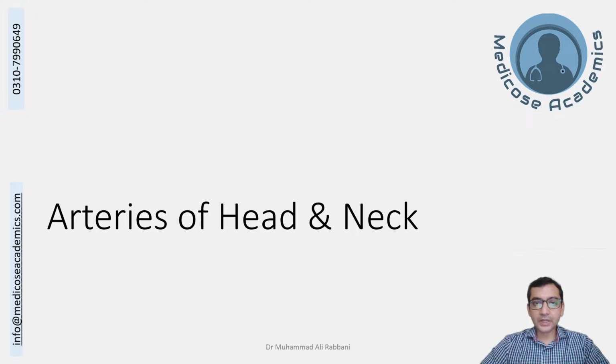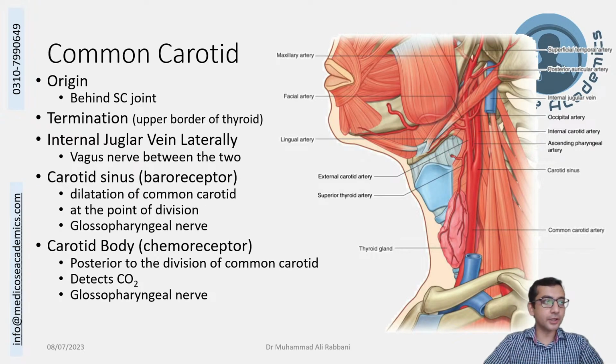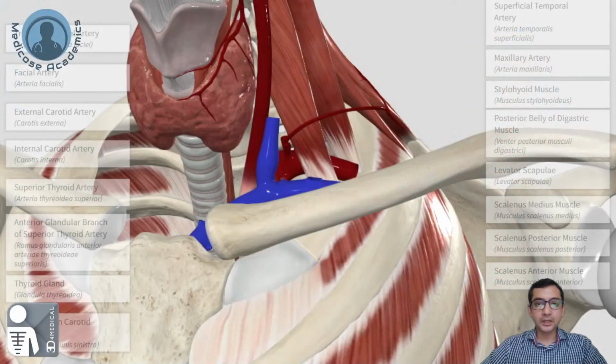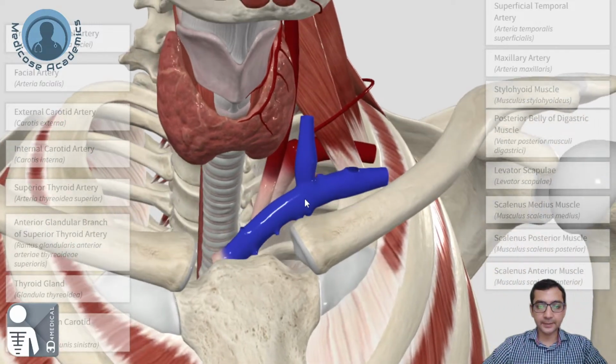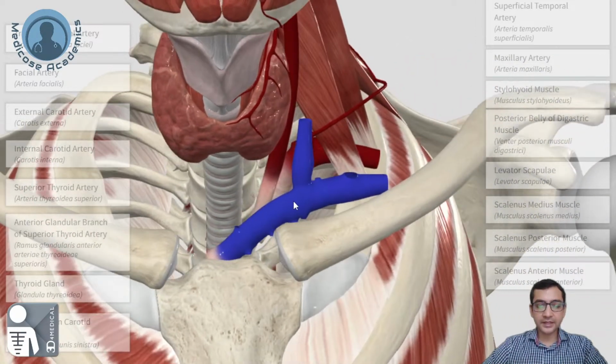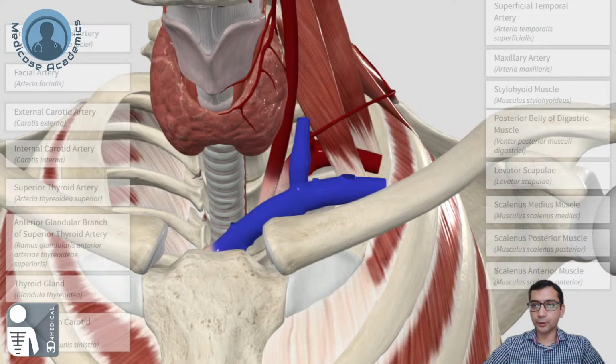Okay, let's discuss the common carotid artery. Let me move back to the 3D model, then I will summarize right here. If we look at the common carotid artery, I'm showing the left side. On the left side, it is an independent branch of the arch of the aorta.